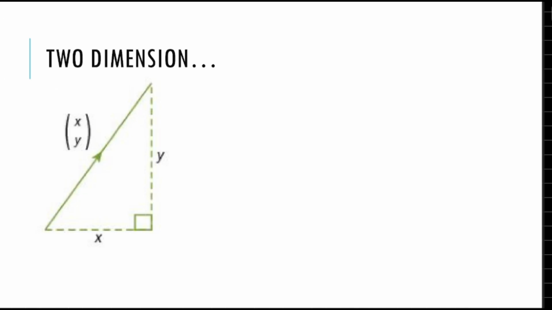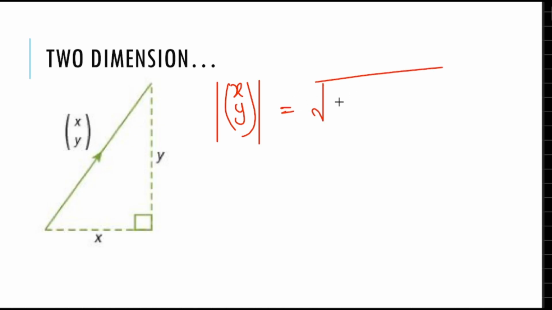Using Pythagoras theorem here, the displacement in the vertical direction is y, and that of the x direction is x. So the magnitude of (x, y) is going to be equal to the square root of x squared plus y squared.